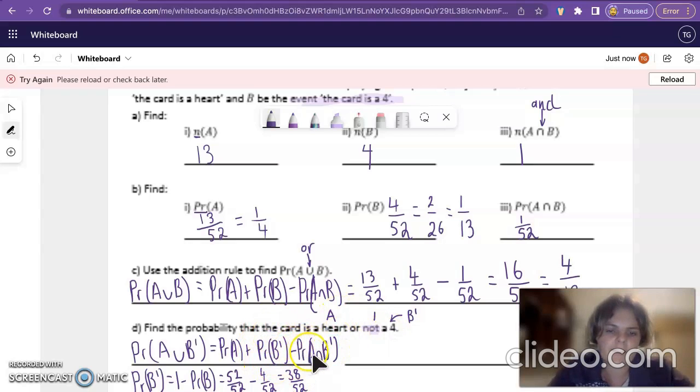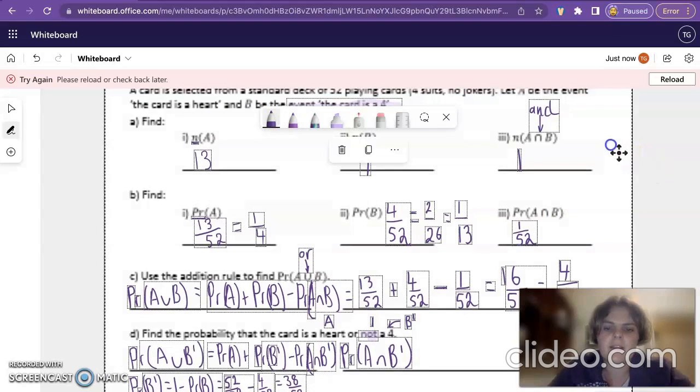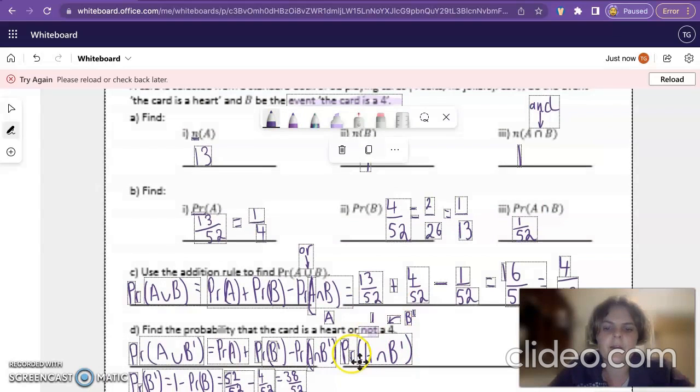Now we've got to find this last bit. What is the probability of A intersect not B? What's the probability of getting A and not B? So A is that the card is a heart, and B is that the card is not a 4.